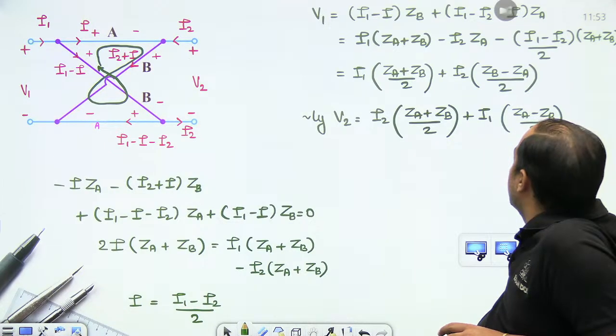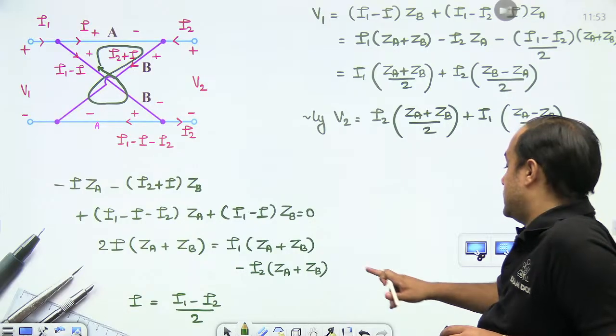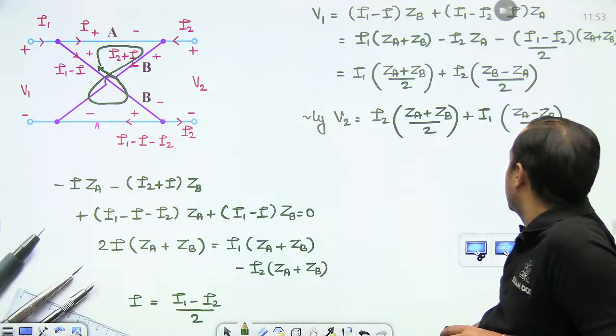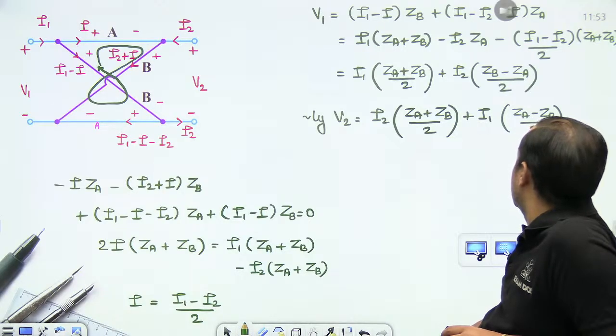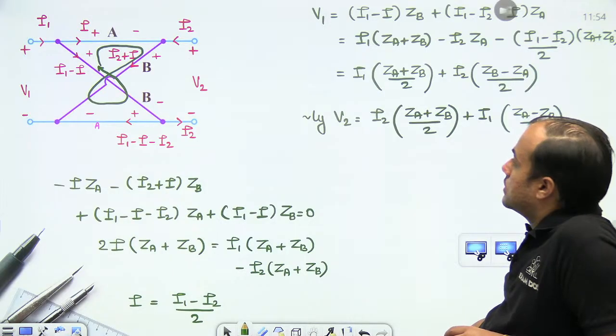V2 is V1 minus I into ZA. I is this, into ZA. So I ZA by 2 minus I ZA by 2, I2 ZA by ZB plus 2, ZA.